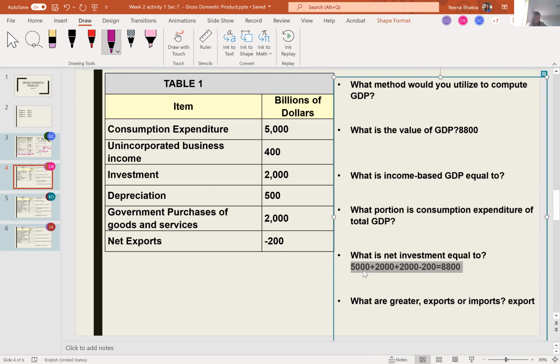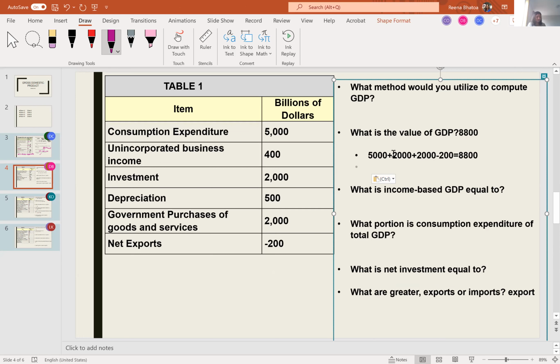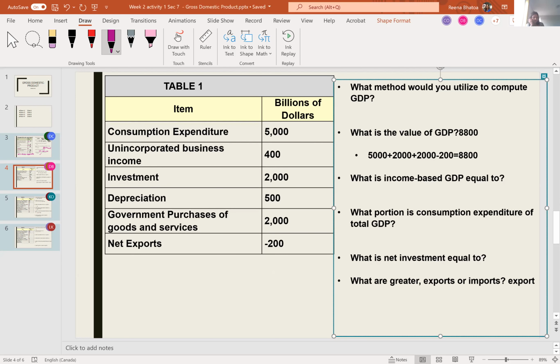Whoever worked with this one did a good job. I just changed the color of the answer, so it's evident that you answered it.